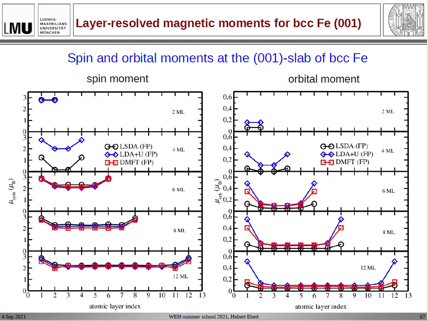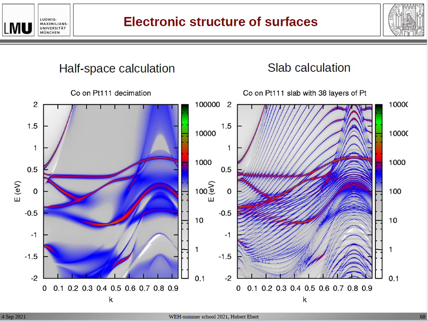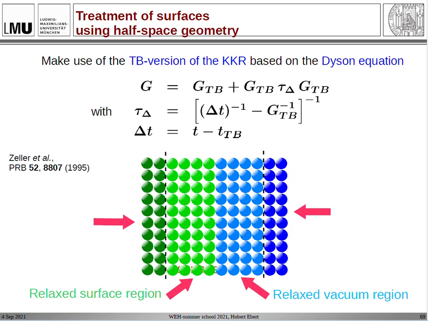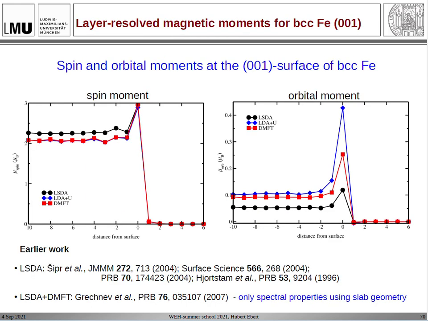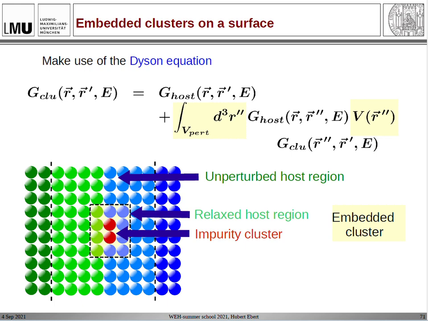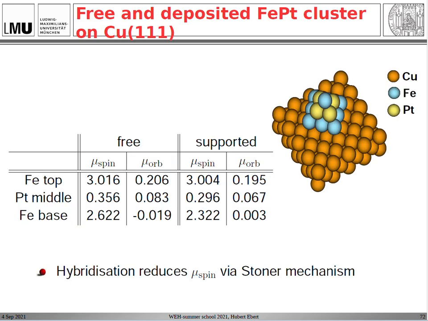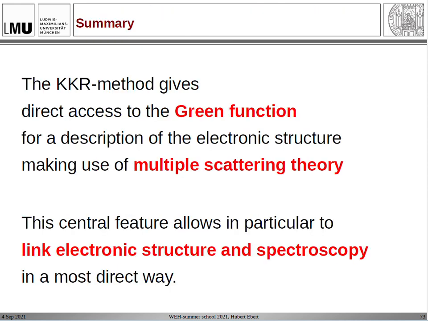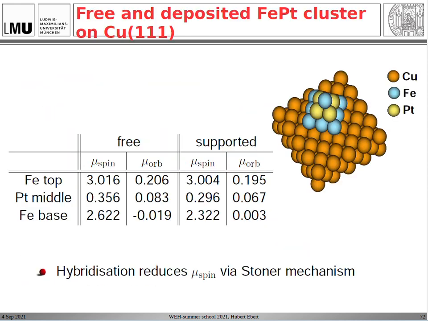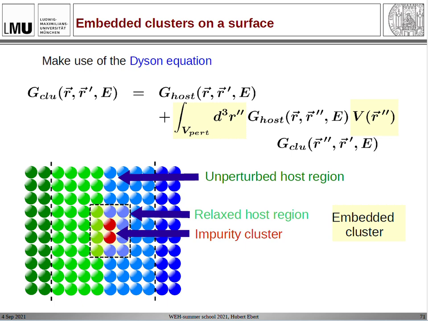Lastly, I briefly want to mention here what we did in the past. Really, we applied the Dyson equation here to have a substrate, a surface regime, and then a vacuum regime, and then we embedded into that system a cluster that allowed for disturbance of the atoms around it.